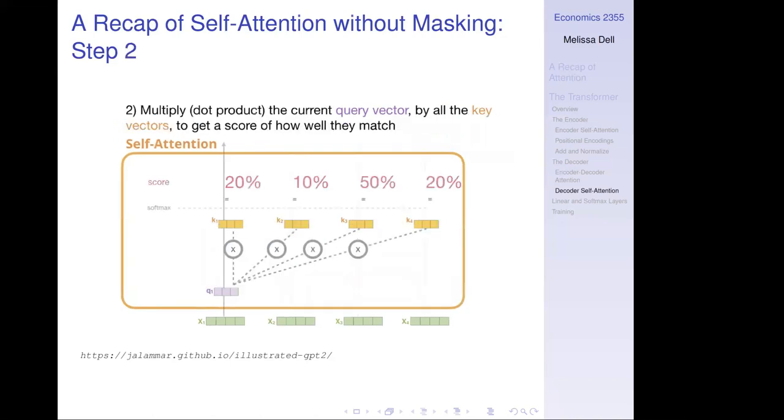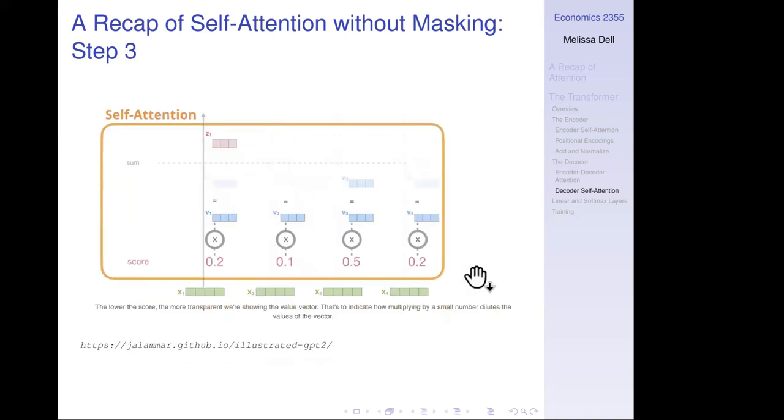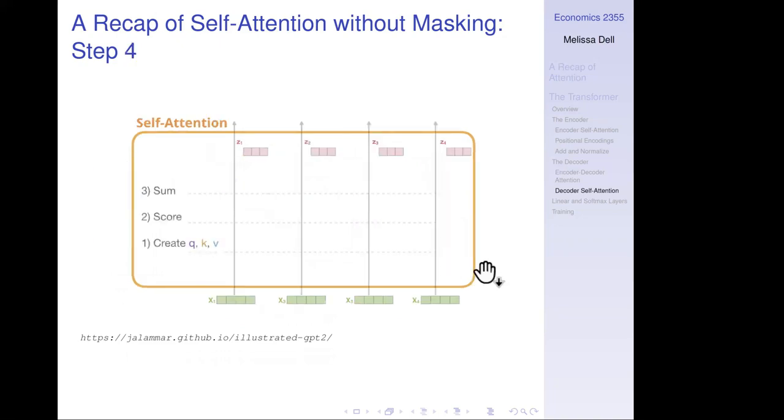We take the dot product of the query vector with all the key vectors to get a score of how well they match. Then we multiply those by the values and add those up. And we do that for each input token to give us these self-attention scores for each input token.